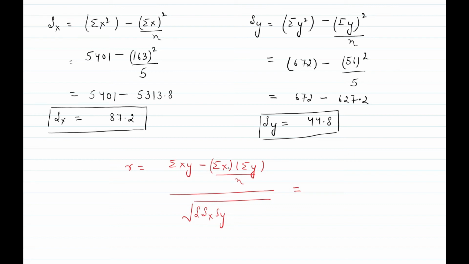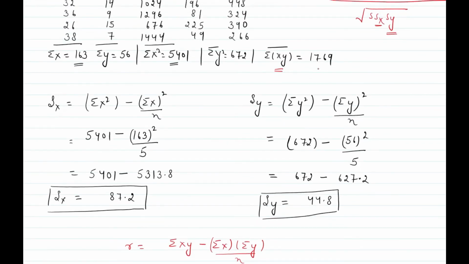So let's put in the values. Summation of xy is 1769.